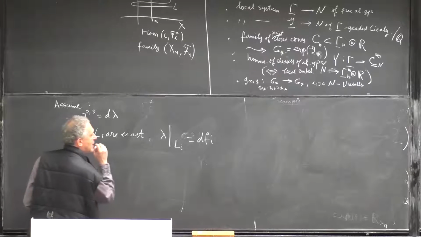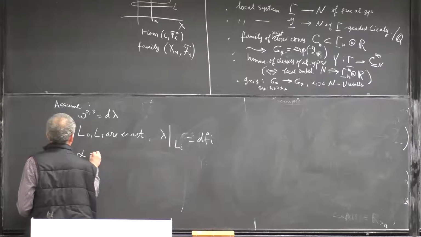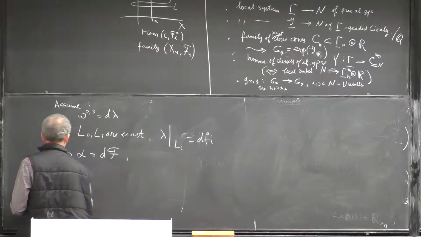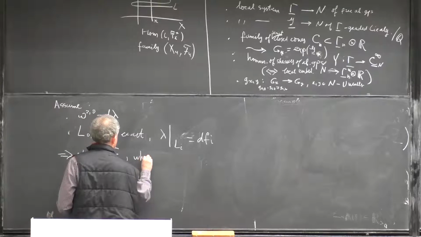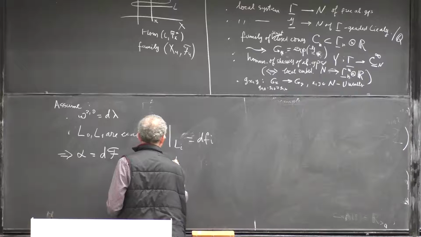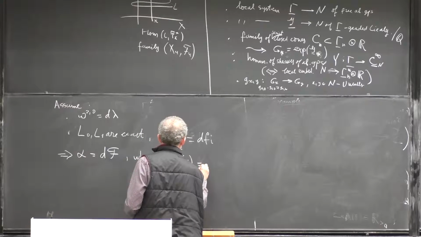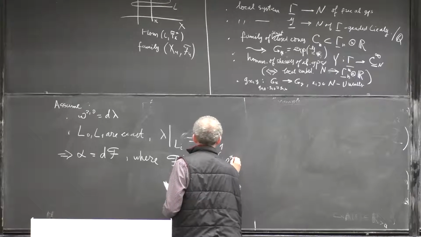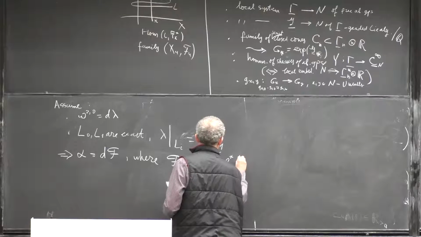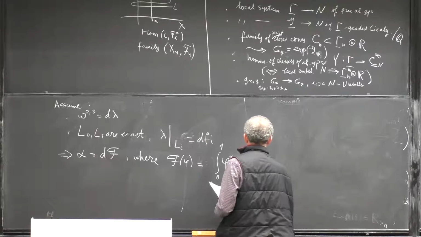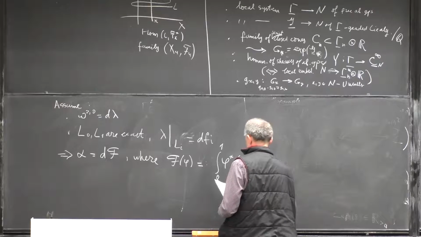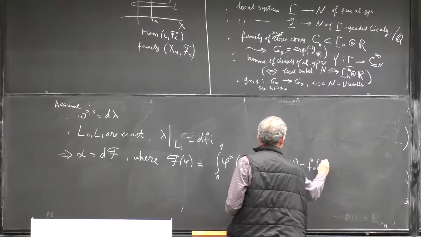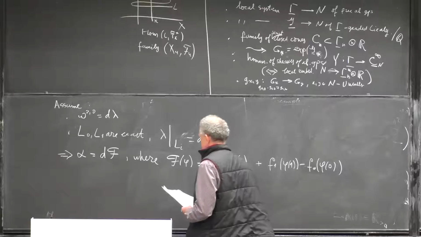So then the one form is also exact, and this function can be written explicitly, and corrected with some boundary conditions. Something like this.